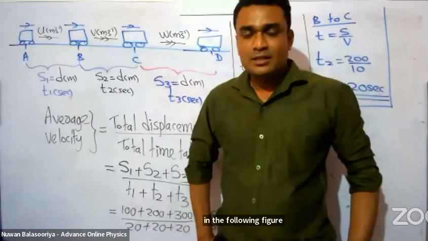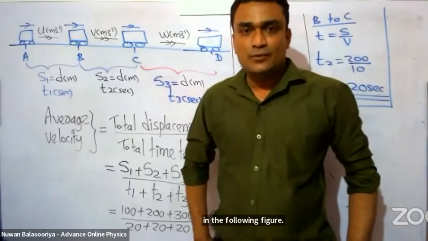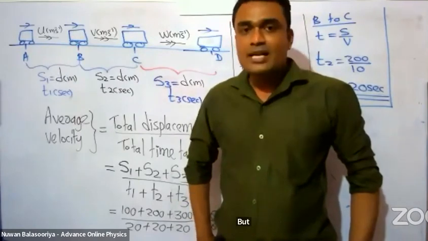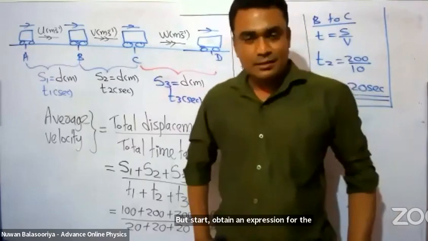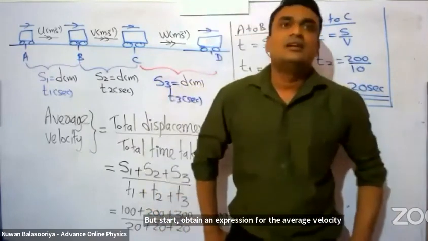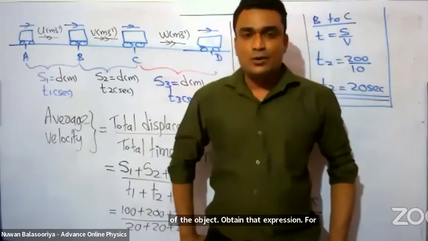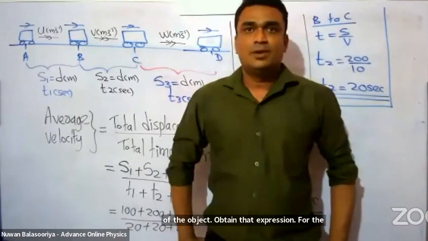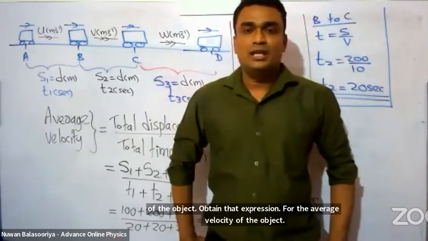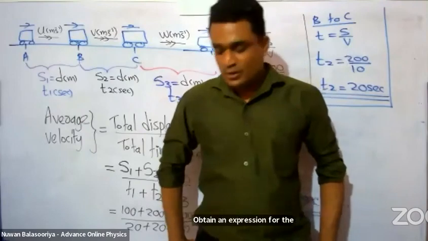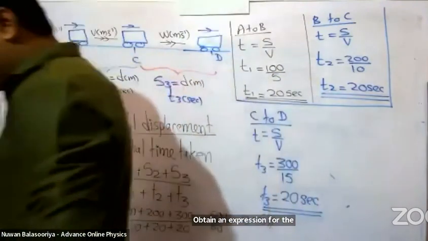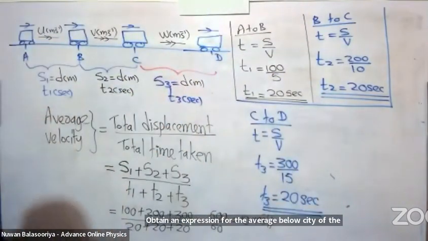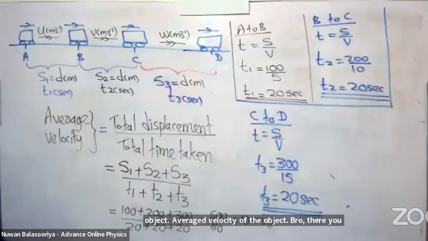Full stop. Obtain an expression for the average velocity of the object. Draw the figure here.